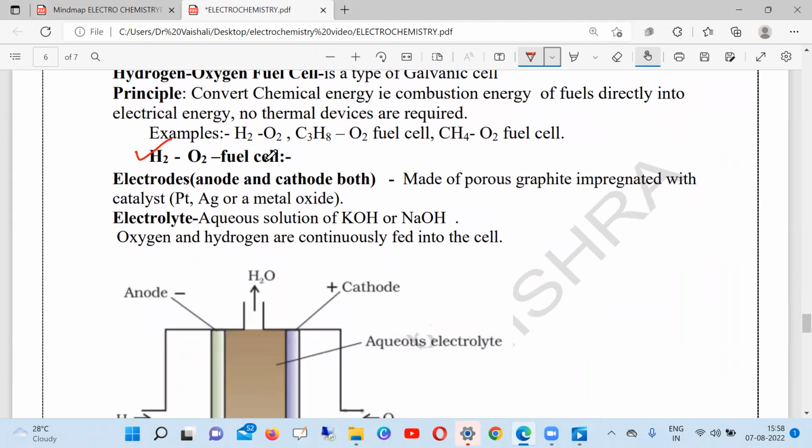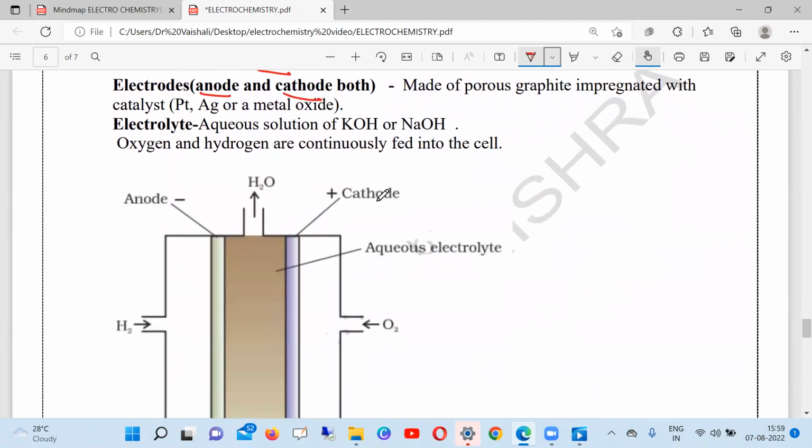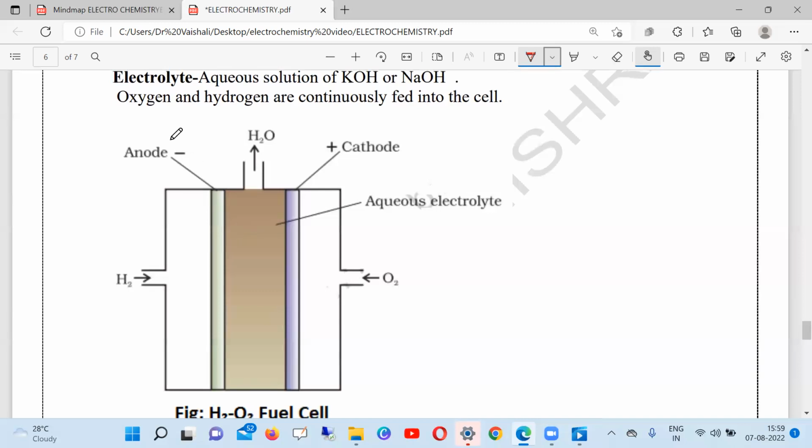Again, whenever we talk about the cell, anode किसका बना है, cathode किसका बना है, electrolyte क्या use करें, that is important. So now in this you can see the anode and cathode both made up of porous graphite rod, in which a small amount of platinum powder is incorporated. In the diagram you can see better: this is anode, this is cathode.